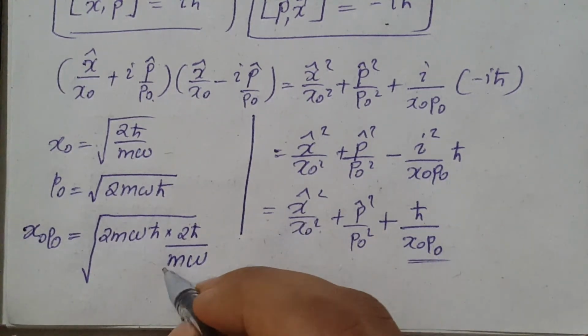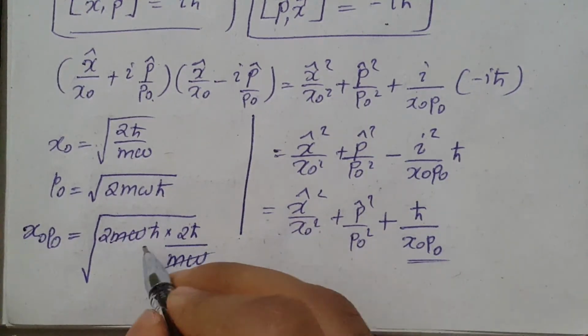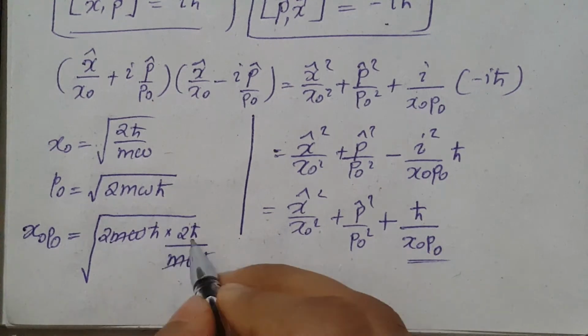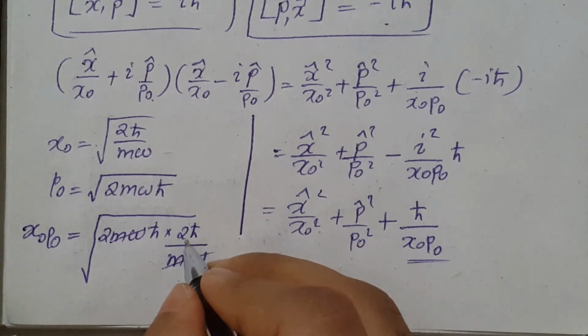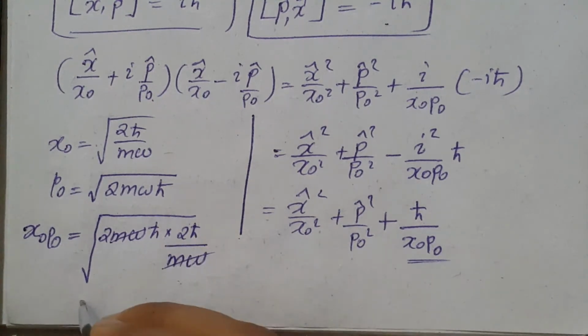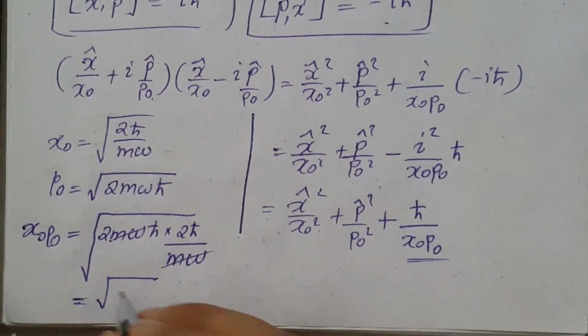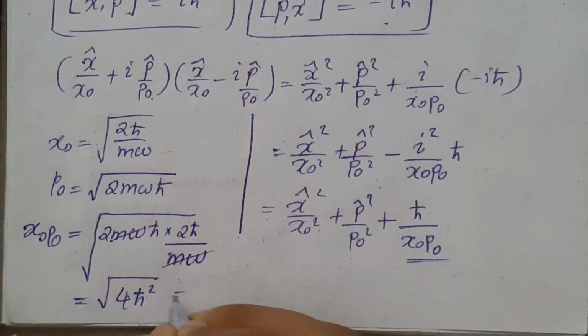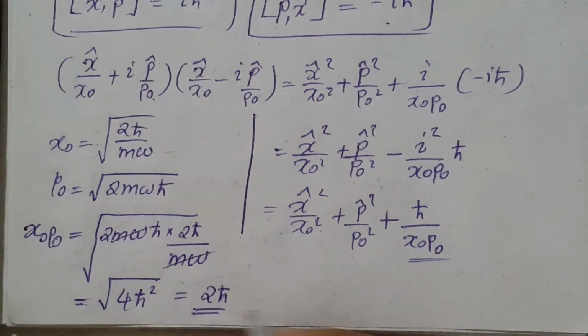So m omega will get cancelled, so inside we have 2h cut into 2h cut, which is 4h cut squared, root of 4h cut squared, which will be just 2h cut.